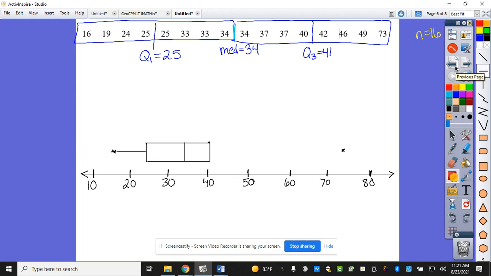No, you don't want to do that because you want to show that it's an outlier. So anything below here is not an outlier, but if I drew the line all the way out to here, that would make it look like what? It looks like they actually have that many, right? So you only do it to the highest number that is not an outlier. So this horizontal line is only going to go out to what?